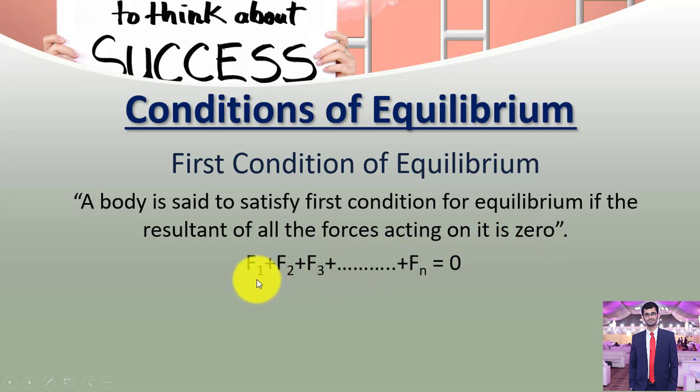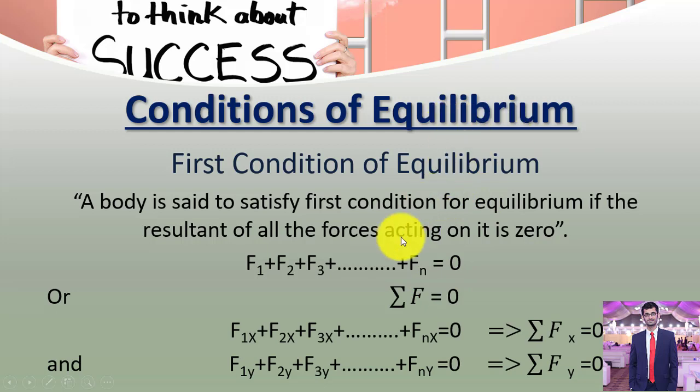Which means that F1 plus F2 plus F3 plus so on plus Fn must be equal to 0. If the sum of all the forces acting on the object is equal to 0, then the body is said to satisfy the first condition for equilibrium.